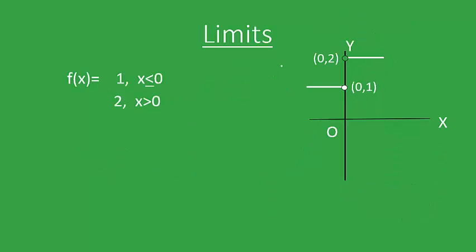Okay, after this, let's move on to another example in which f(x) is defined as 1 for x less than or equal to 0 and 2 for x greater than 0. Since the function is defined for all x belonging to R, however the function has a value which jumps from y equals 1 to 2 as x increases from 0 to infinity.